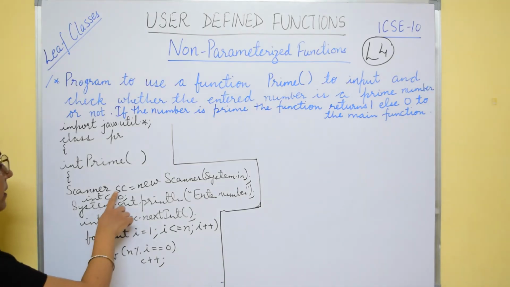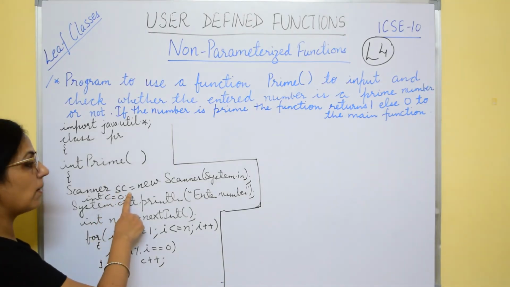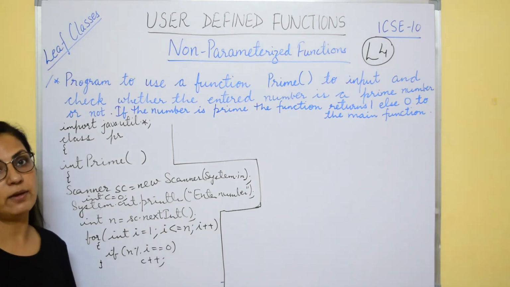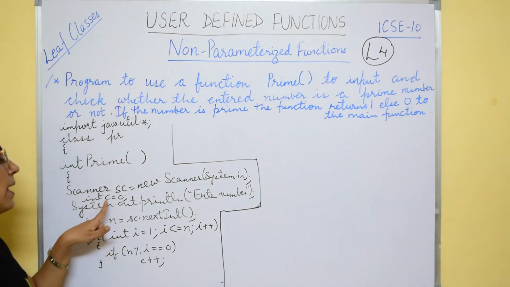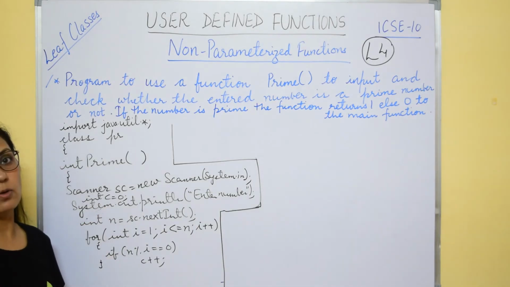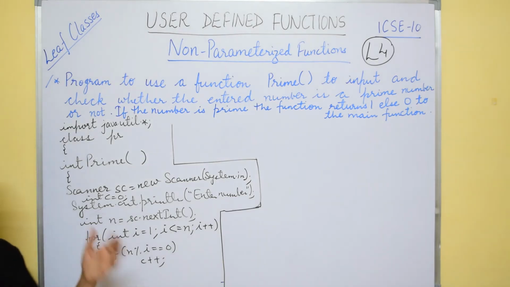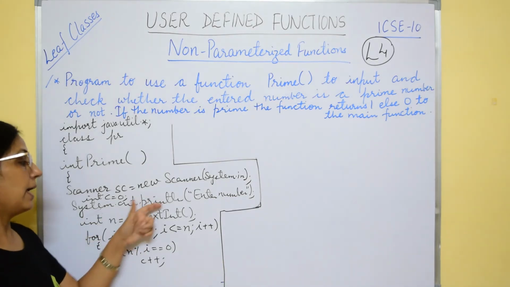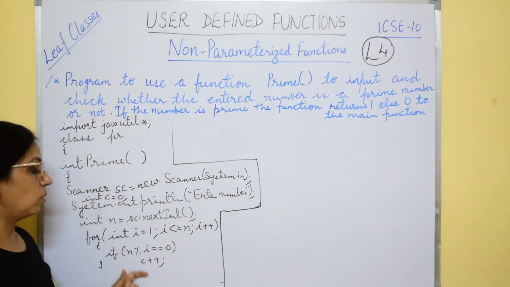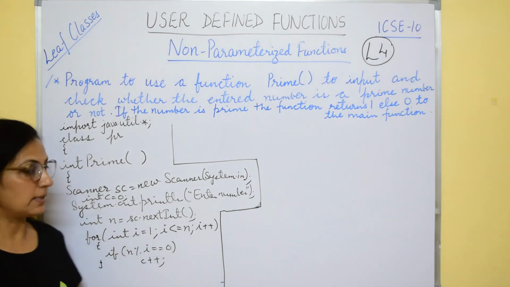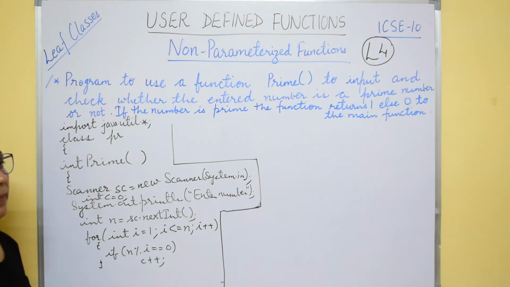After this we are using scanner object because I have to input the value in this function. C equals to 0, a counter I have taken as 0 to count the number of factors. Enter the number, take the loop and check how many factors are there of number n.